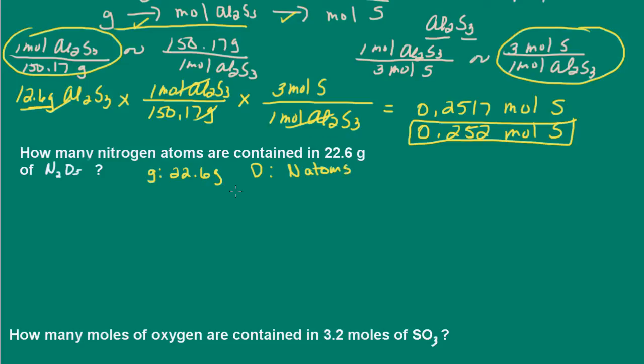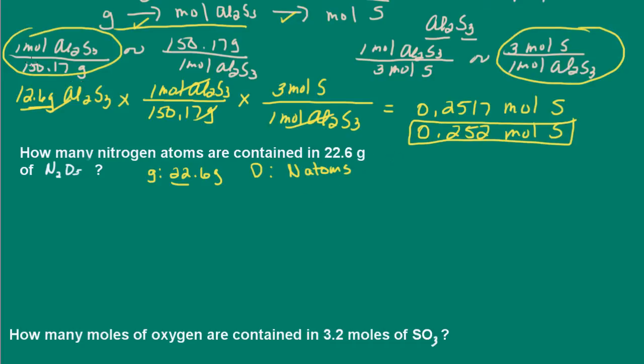Again, one thing we always want to do is convert from grams to moles, because we can't relate grams to atoms directly. We have to convert from grams and then to moles of the compound. From there, we can determine the number of moles of nitrogen atoms in the compound, and then finally the number of nitrogen atoms.